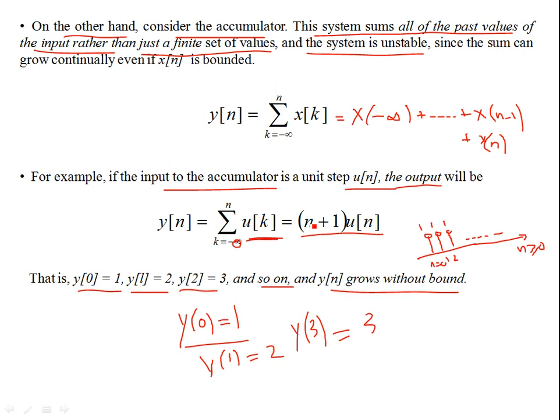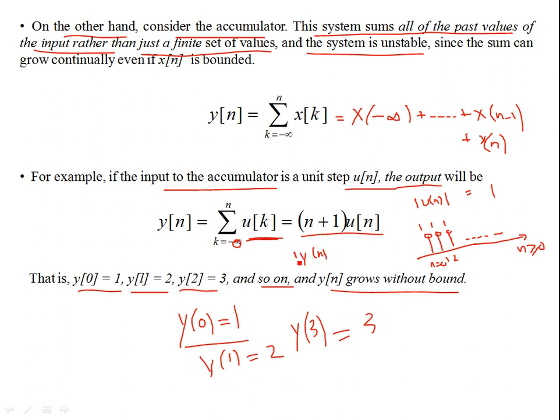Why? For large n, this is not bounded. I mean, up until 100, 1000, there's no bound, right? We cannot define a certain bound. Although the magnitude of u of n is bounded, again, the magnitude of u of n is bounded by unity. The maximum magnitude that u of n can have is 1. But over here, y of n is not bounded by any finite number.